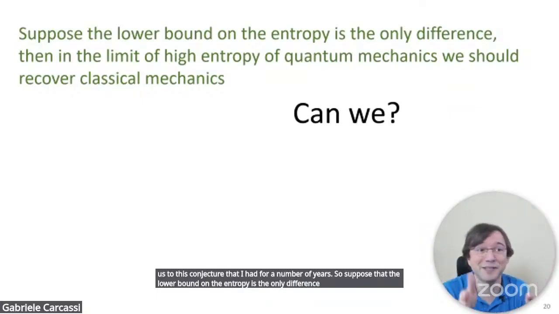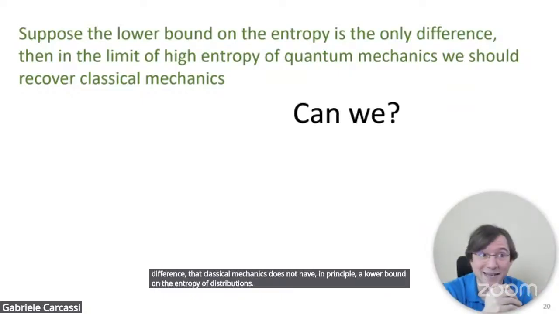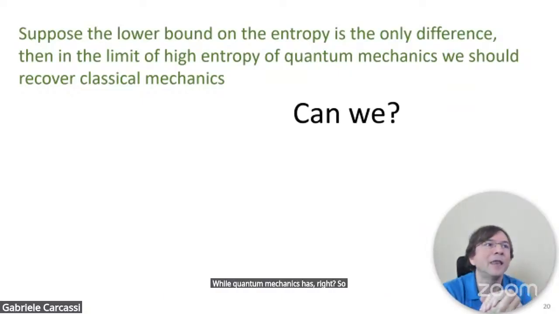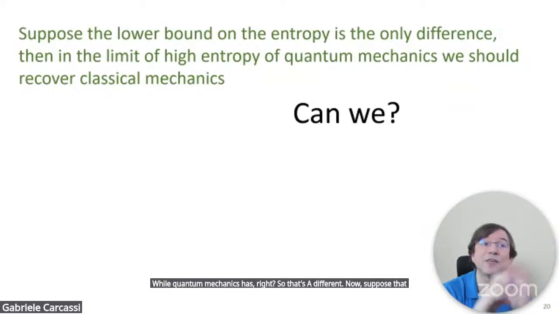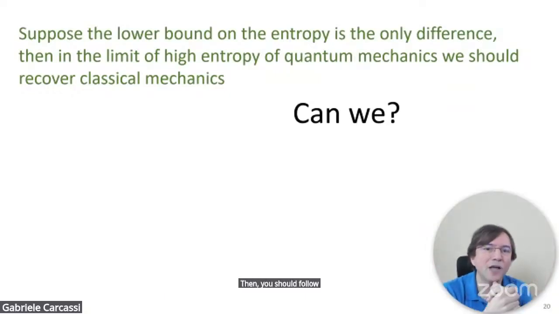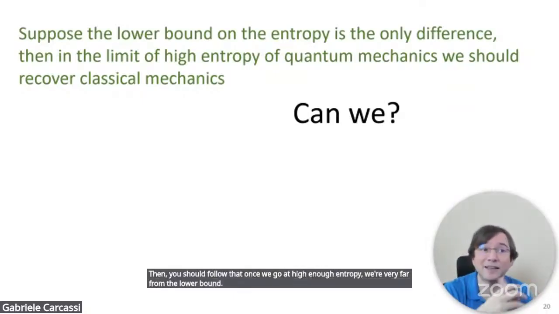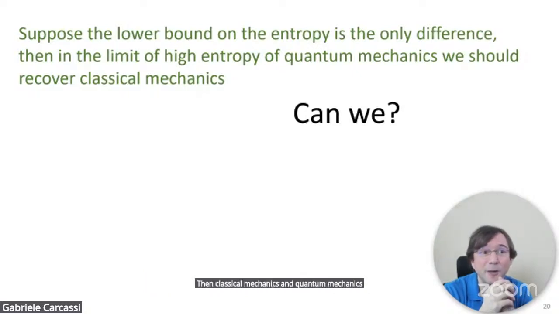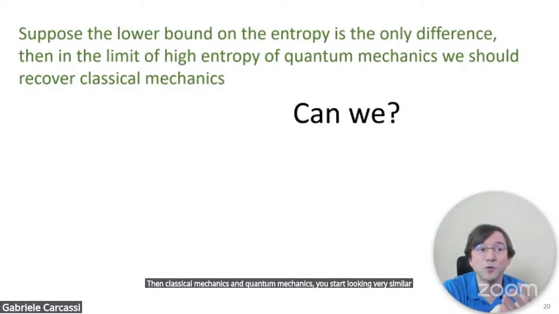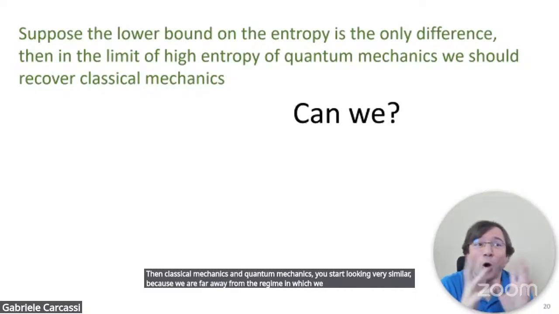We know that there is a difference: classical mechanics does not have, in principle, a lower bound on the entropy of distributions, while quantum mechanics has, right? Now, suppose that we say that's the only difference. Then it should follow that once we go to high enough entropy, very far from the lower bound, classical mechanics and quantum mechanics should start looking very similar, because we are far away from the regime in which we clearly have the only difference that we assume.